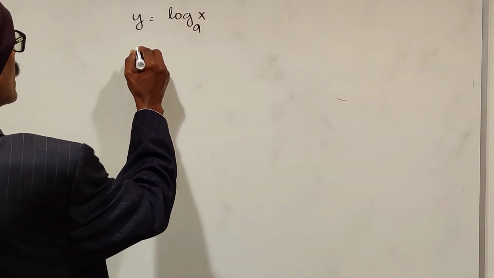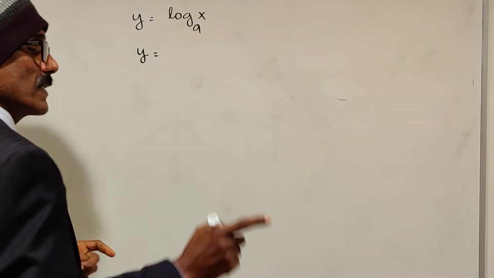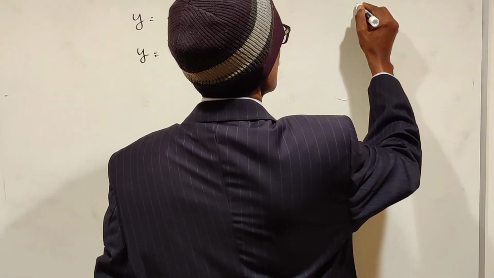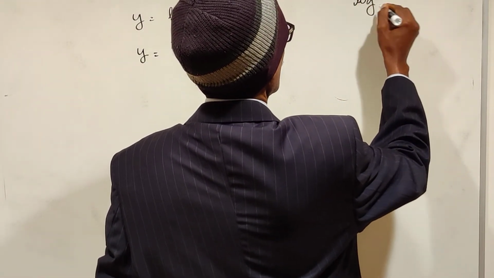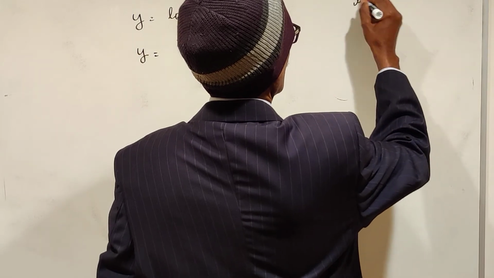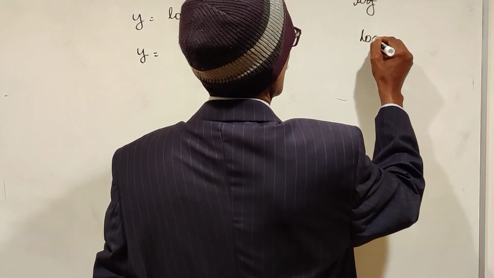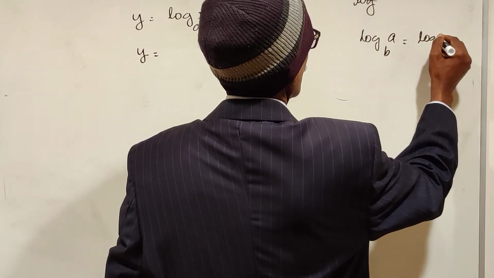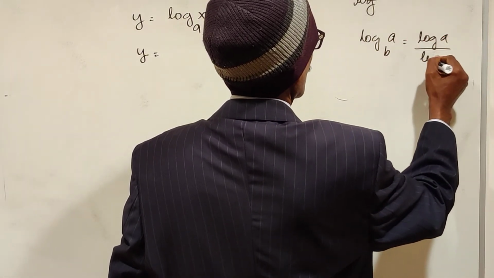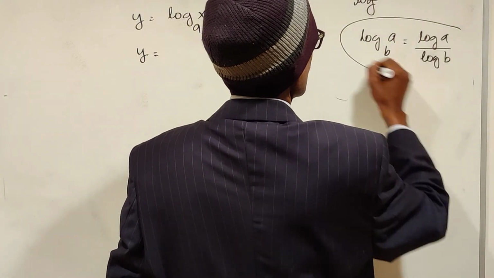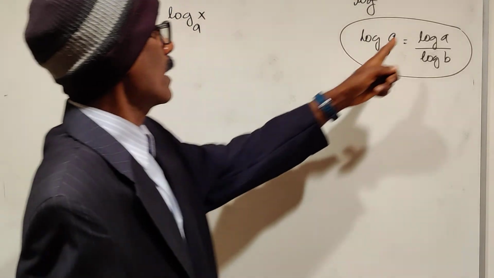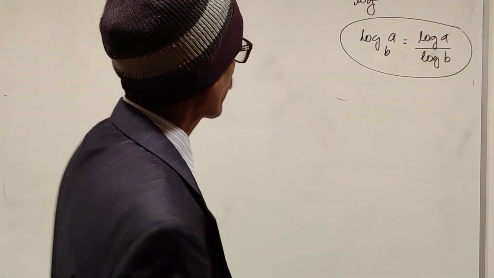There is a base changing rule. The base changing rule says log a to the base b is equal to log a divided by log b. That is the base changing rule. Log a to the base b is equal to log a divided by log b.